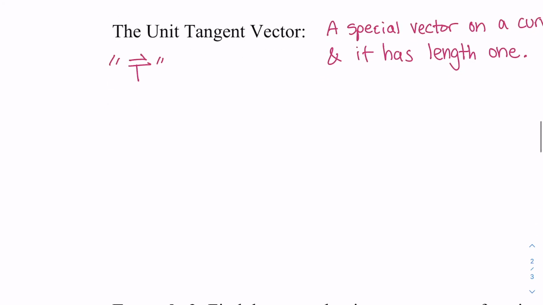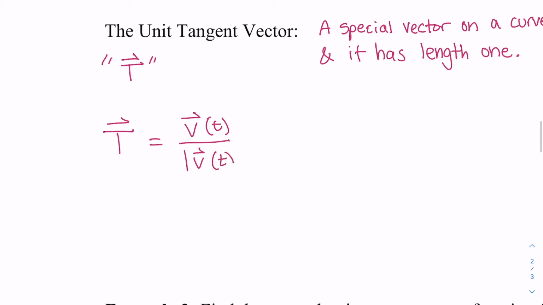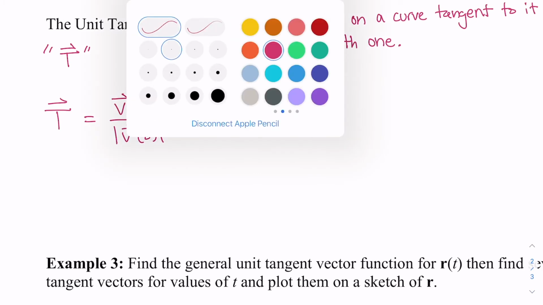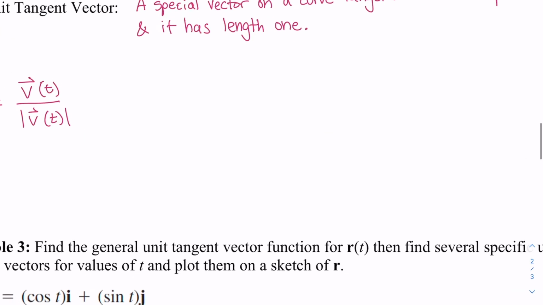So a unit tangent vector, capital T, is equal to the velocity vector, because the velocity is always going to be tangent to the curve, but it's not necessarily of length 1, and so the way we normalize it is dividing by the magnitude of the velocity vector. So it's v of t divided by the magnitude of v of t. And so if I just draw an example curve over here, I'll just do a little example.